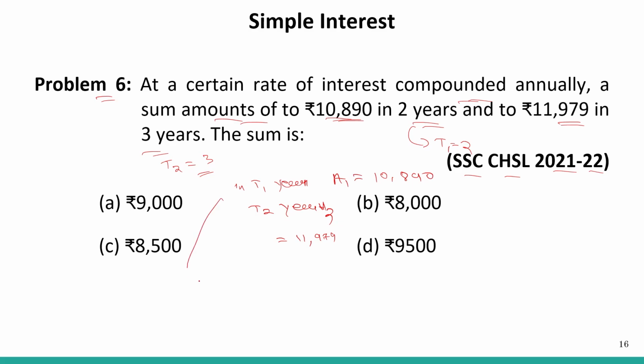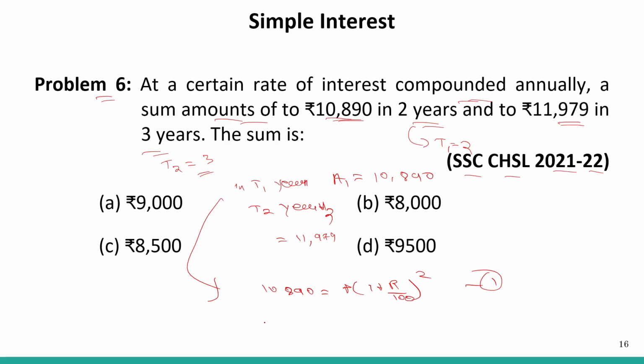So we can write A1, that is 10,890, is equal to P into 1 plus R by 100 power 2. P is not given to us, and the rate is also not given to us. So let this be equation 1.